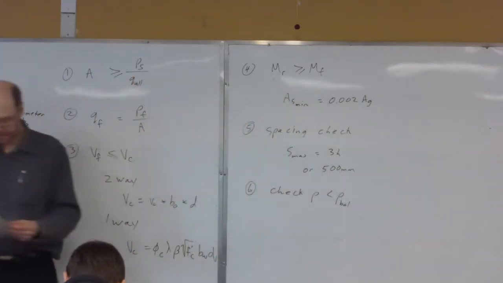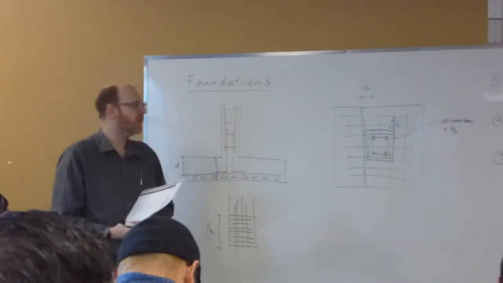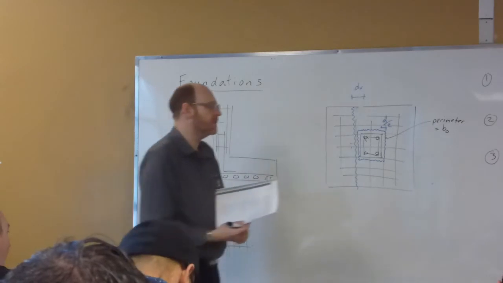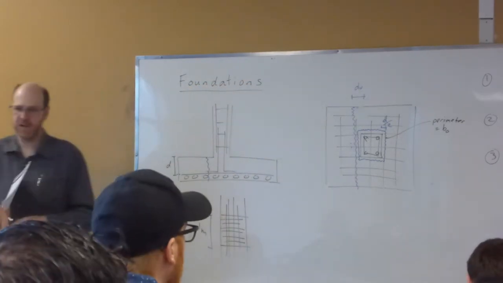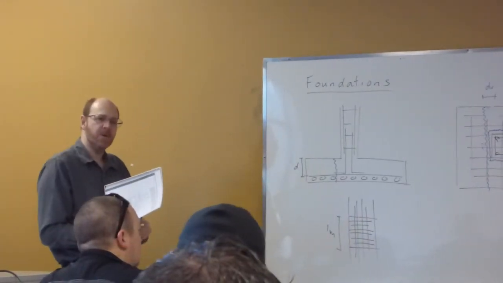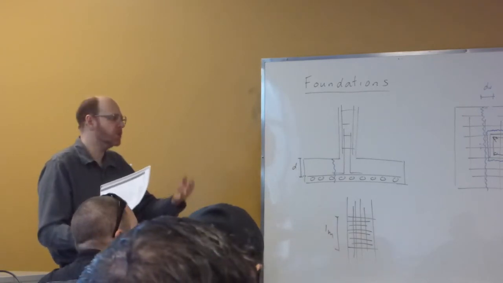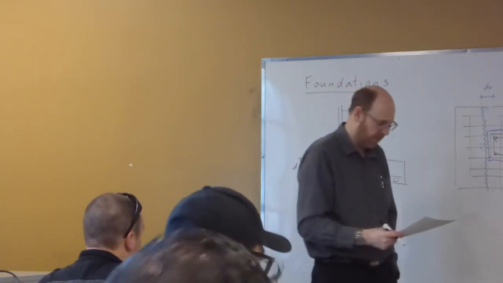And of course, as long as we're using the tables to come up with our required area of steel, then we're making sure that our rho is less than rho balanced. But just like with our beams, if we have something that is very heavily reinforced, you can end up with a scenario where you say you need 6.2 bars and round up to 7, and that round up is enough to push it over the limit. So that's something to watch out for if the reinforcing ratio ends up being relatively high.